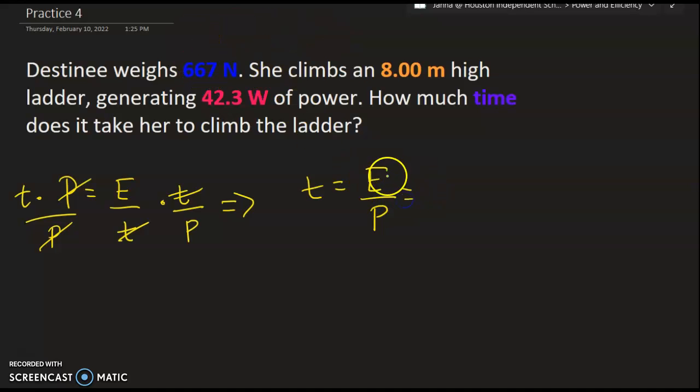Destiny does work, so her energy is going to be the work in getting up the stairs. And the work in getting up the stairs causes a change in her potential energy. So that's going to be mgΔh, change in the height, height final minus initial.